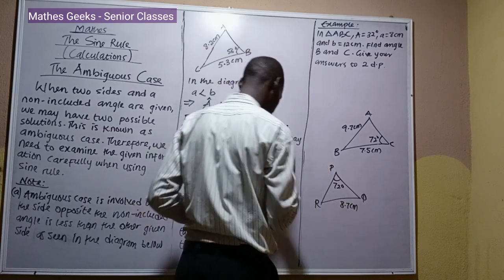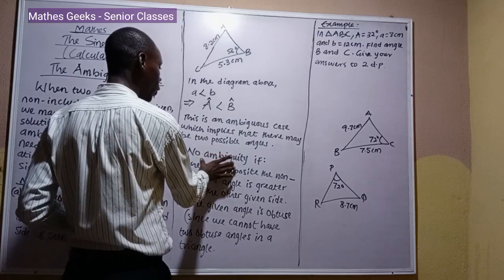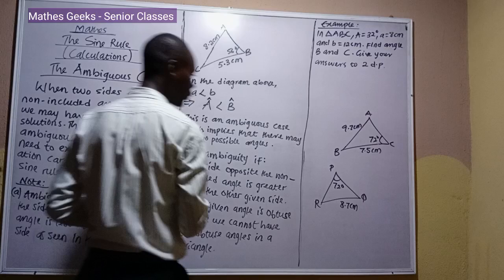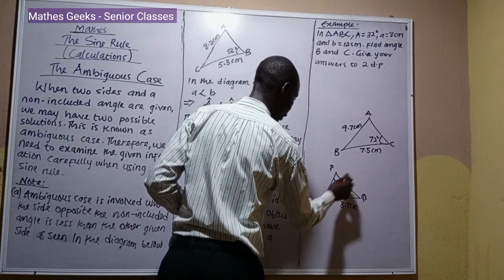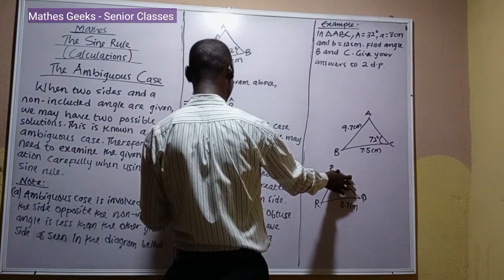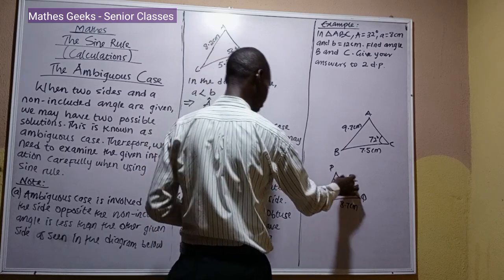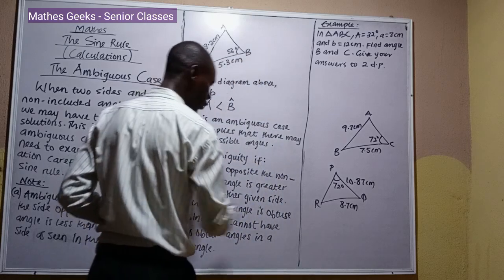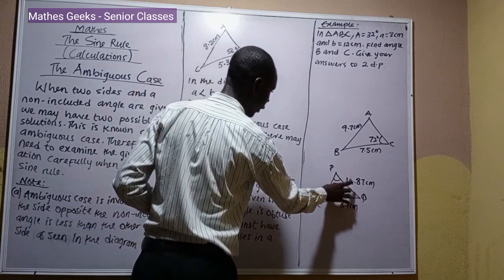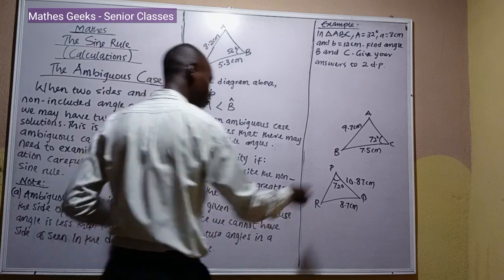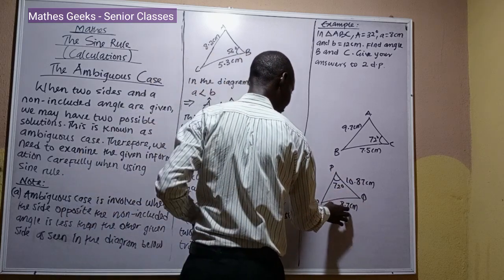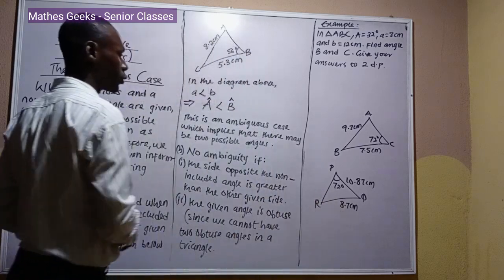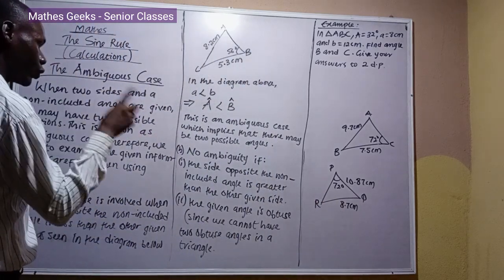The only time there will be no ambiguity is if the side opposite the non-included angle is greater, so let's say it's 10.87 centimeters. We have two sides and an included angle, so this fulfills the sine rule. But if the side opposite the non-included angle is greater than the side opposite the included angle, then there is no ambiguity. So this particular triangle has only one solution.